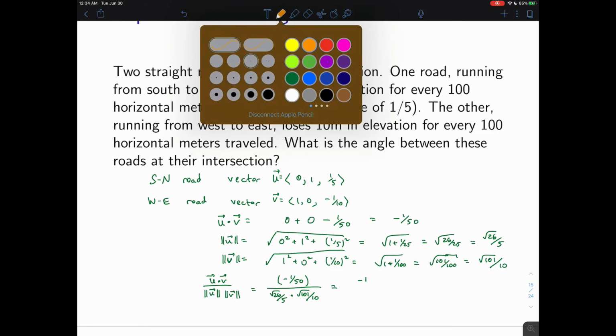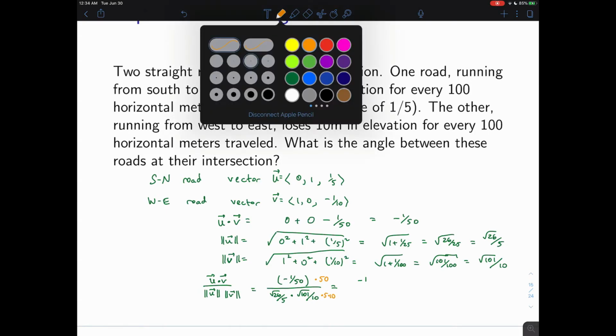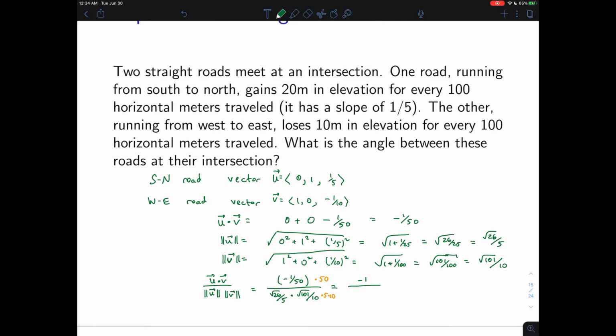So what can you think of to simplify here? If you think about it, we could multiply the top by 50 and we can multiply the bottom by 5 and 10, which is also 50, right? And we'll just get -1 over square root 26 times square root 101, as the top and bottom both have 50ths in them. Okay, so now the upshot is that the angle theta would be the arc cosine of this quantity, -1 over square root 26 times square root 101.